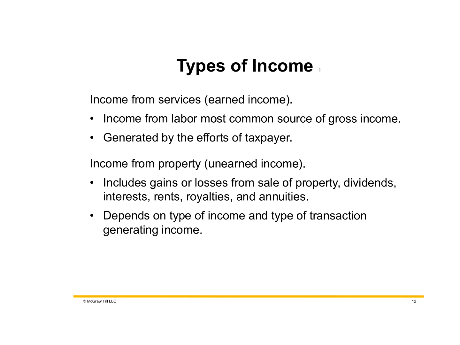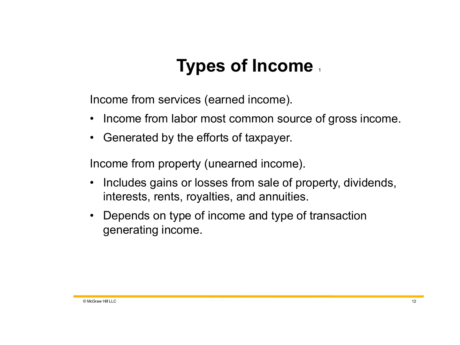So high level, there are 2 types of income. Income from services and income from property. So services are considered earned income. And the reason why it's considered earned income is because it is generated by the efforts of the taxpayer.